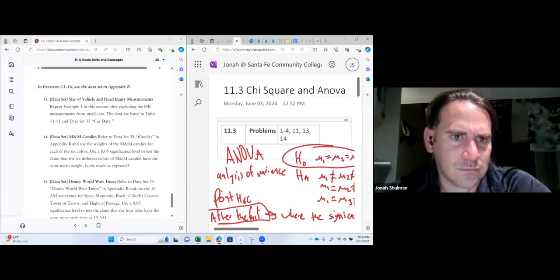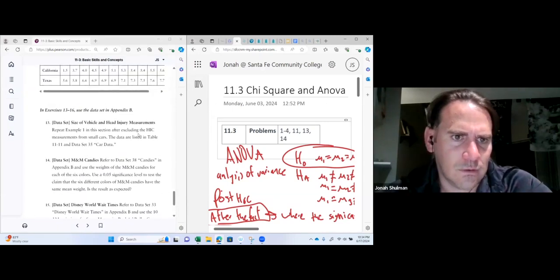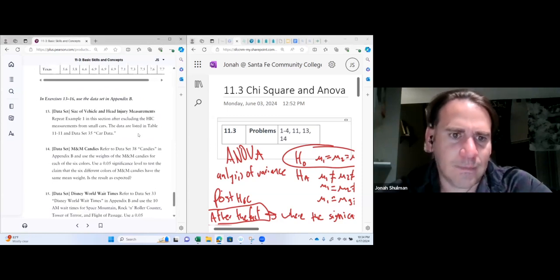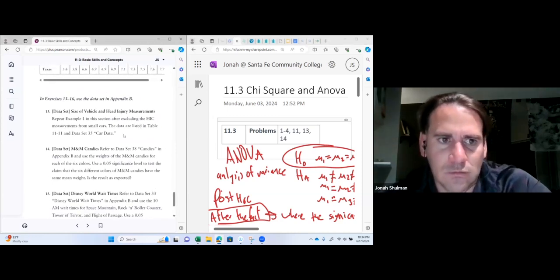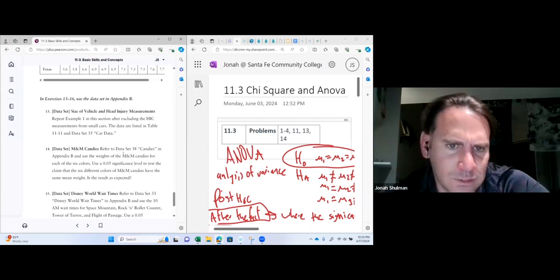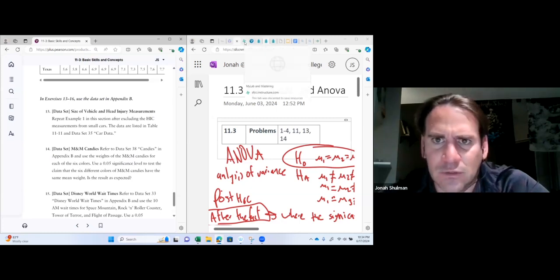All right, so 13. How about I do 14 because you can find 13's in the back. So I'll do one more. Here's 14. Data set number 38. Let's find this thing.